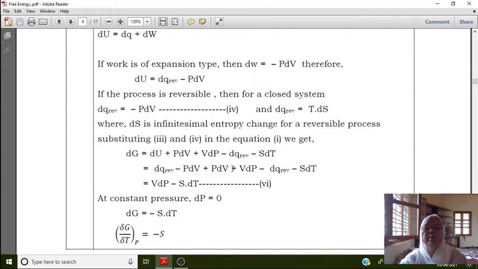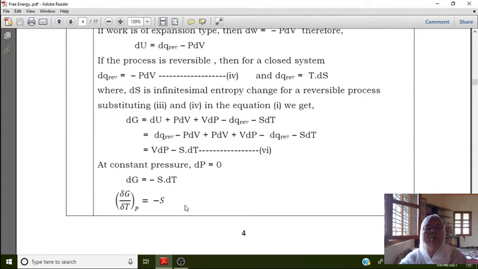Similarly, these two terms, plus P dV and minus P dV, also cancel each other. Therefore, we have V dP minus S dT is equal to dG. Therefore, dG is equal to V dP minus S dT. At constant temperature we have dT is equal to 0.